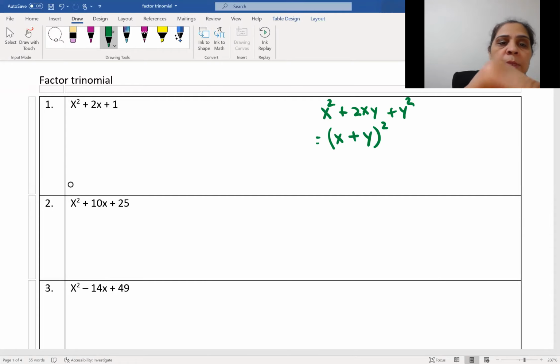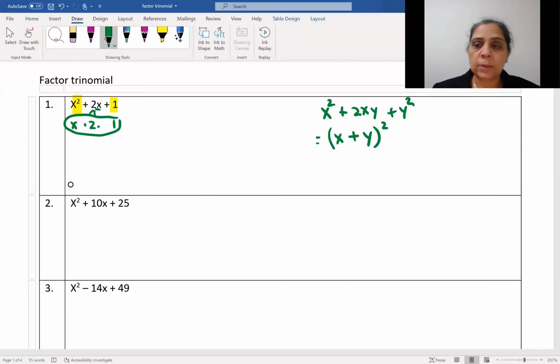So here we will check, do we have first and last terms that are positive perfect squares? Yes, it is. So now we will check if it is satisfied for a square of a binomial or not. How will we check? The square root of x square is x, the square root of 1 is 1, and the middle term must be a product by 2. It is satisfied. 2 times 1 is 2, times x is 2x.